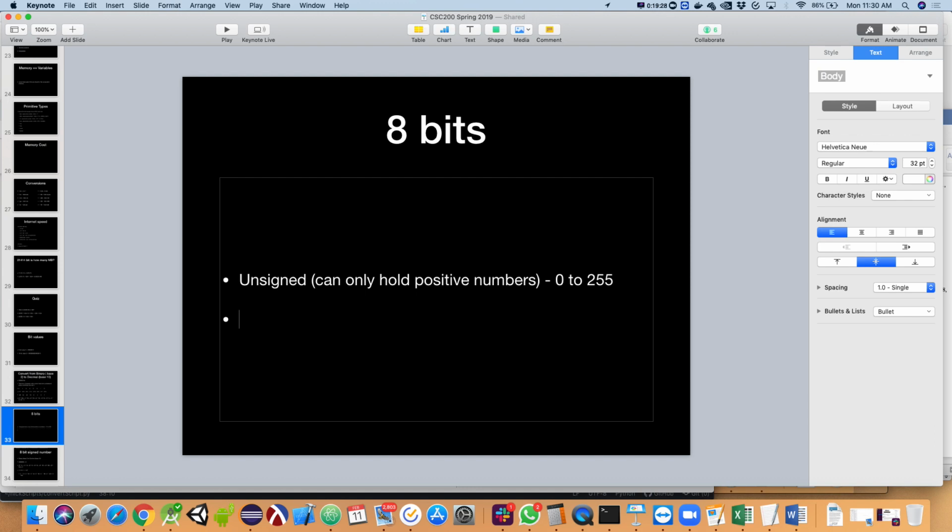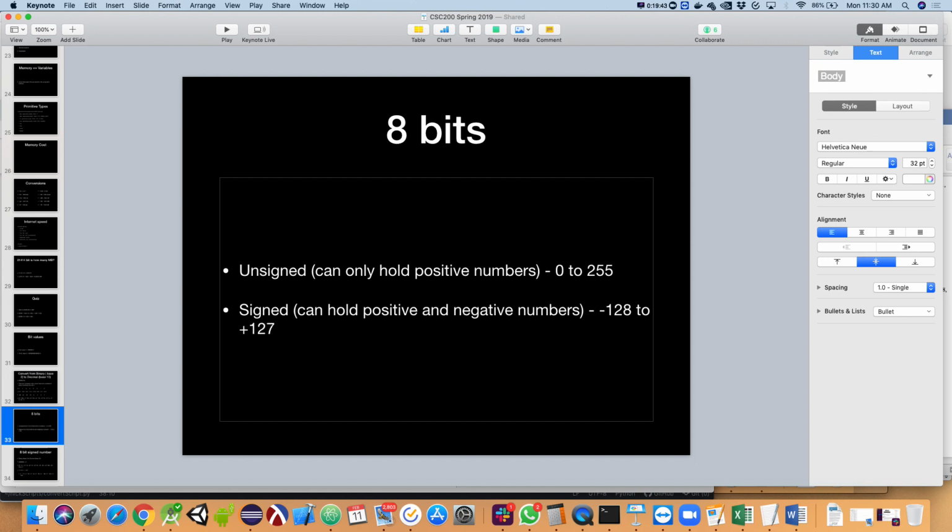But if we made this a signed number, which can hold positive and negative numbers, then it's negative 128 to positive 127. Still 256 unique values.